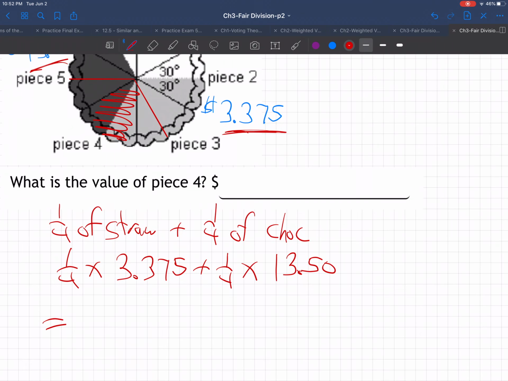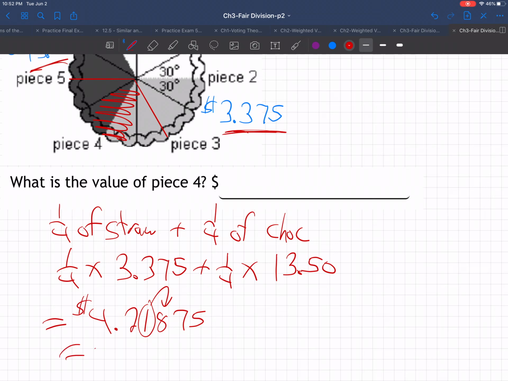So if we do that on our calculator, I'm getting 4.21875, round to the nearest cent right there.